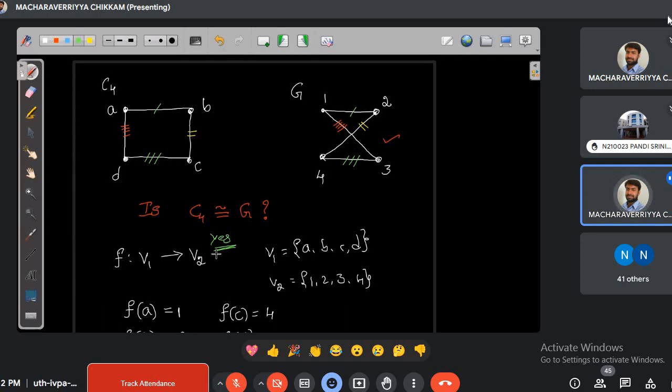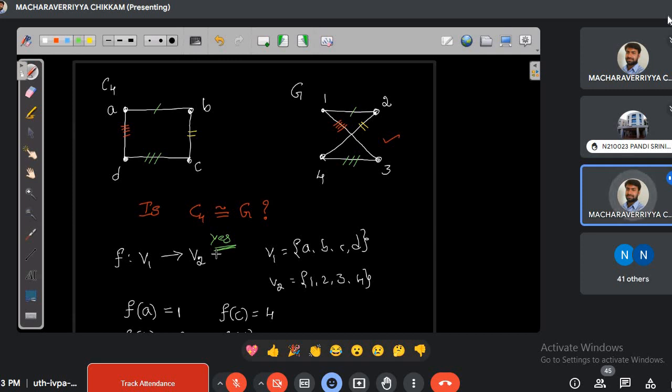Okay, so just by seeing, we can't easily say. Sometimes you may think that here the intersection happened, there the intersection did not happen. But we can actually redraw this graph so that no intersection occurs like this. You understand?